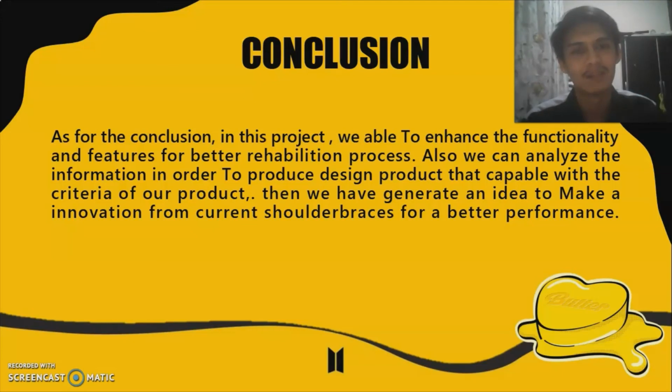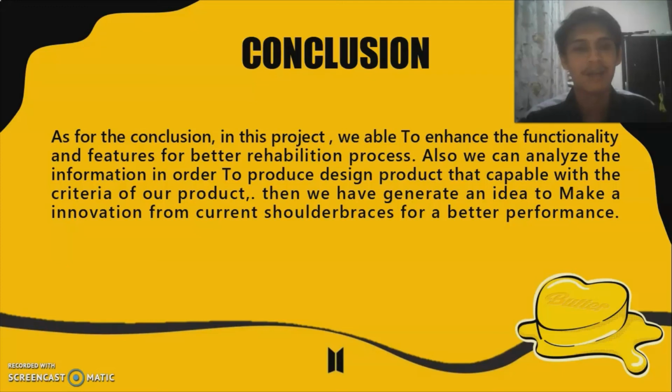So in the overall conclusion, we are able to enhance the functionality and the features for a better rehabilitation process in this product. And then we also can analyze the information in order to produce a design product that is capable with our criteria.